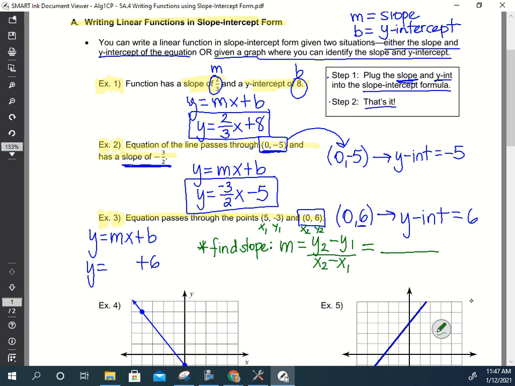So, what should the top part of the formula look like? Excellent job. 6 minus -3, and the bottom part is 0 minus 5.